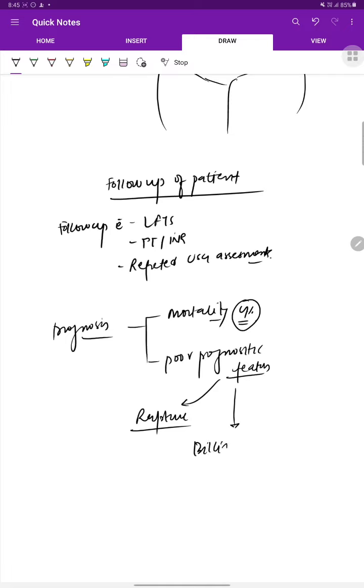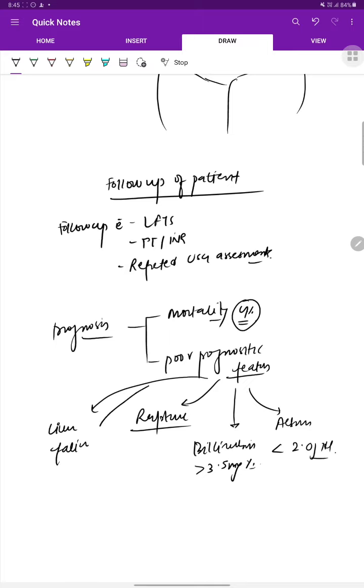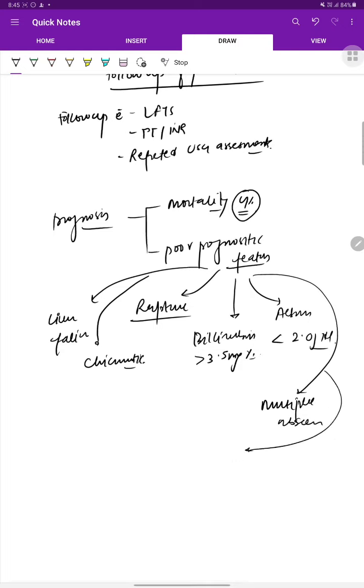And bilirubin more than 3.5 milligram percent, albumin less than 2.0 gram. Okay, because in these cases we have to give corrections, and it takes time to correct all these things. Liver failure, if the patient is a cirrhotic patient, multiple abscess, and the volume of abscess if more than 500 ml.